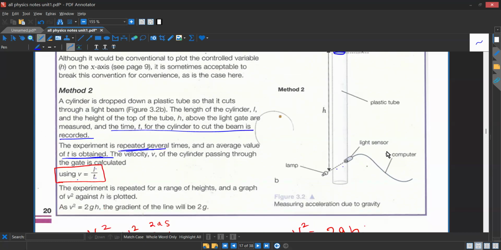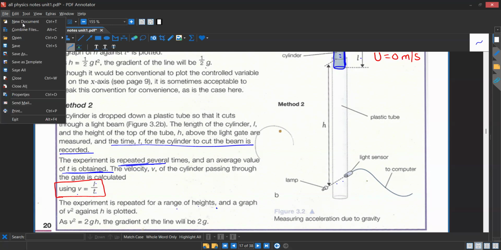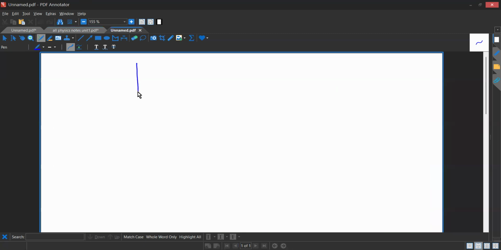Now, the experiment is repeated for a range of values of height and the graph of v square against h is plotted. This is something I have to explain. So what are we doing? We are measuring different velocity at different height.